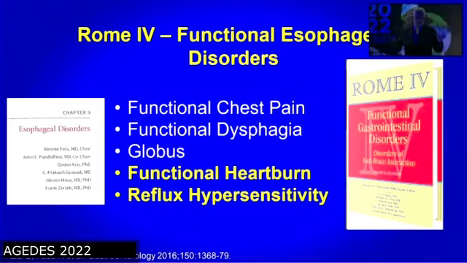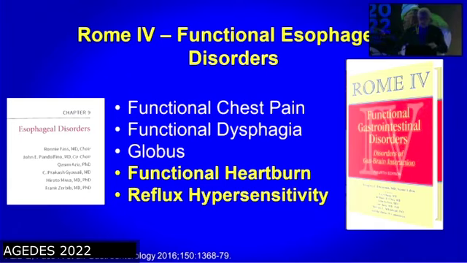But one of the things that I'm most proud of from being the chair of Rome 4 is the introduction of reflux hypersensitivity, which was not without a lot of tears, blood, and sweat. A lot of concerns about the introduction of reflux hypersensitivity as a new functional esophageal disorder.